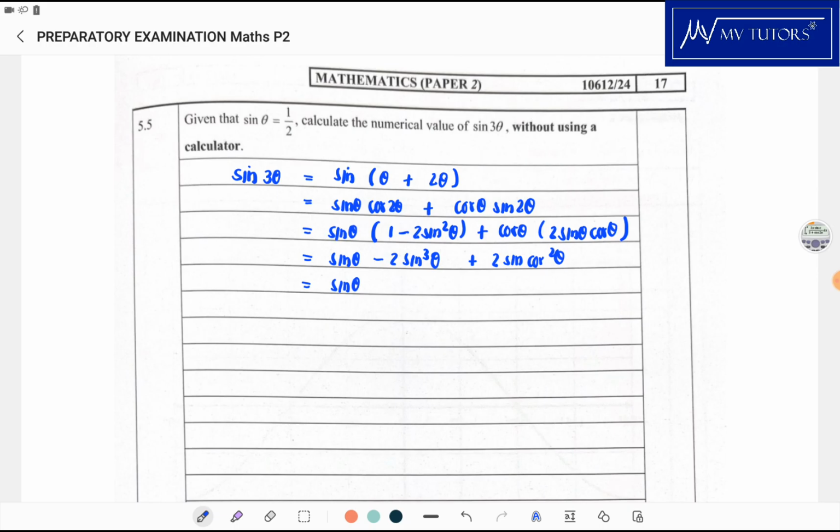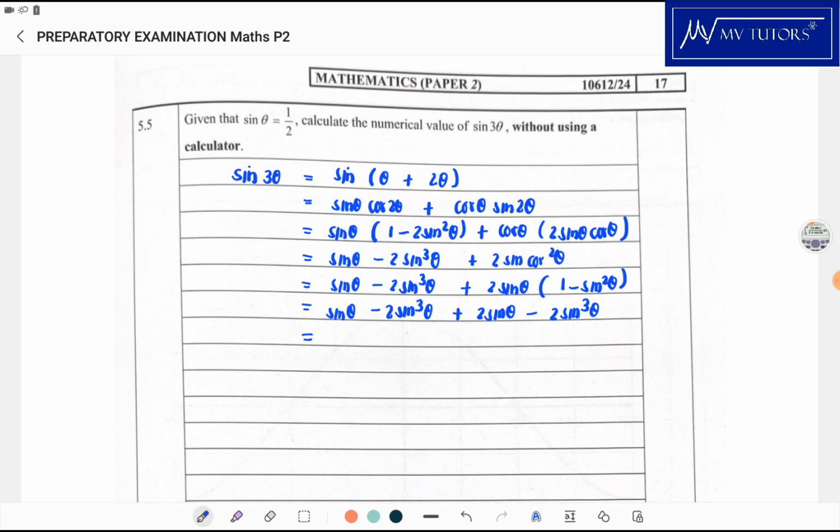So I have minus 2 sine cubed theta plus 2 sine theta, and then the cos squared. Remember, sine squared plus cos squared is equal to 1, so I'm just going to say cos squared is 1 minus sine squared theta. And if I multiply that in, I have 2 sine theta minus 2 sine cubed theta. Can I simplify this?